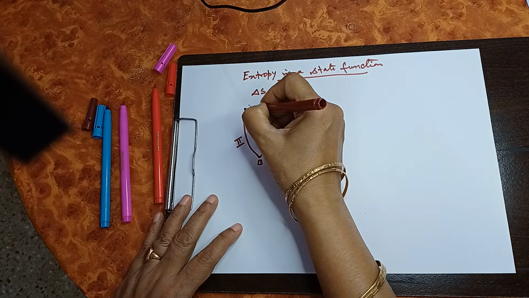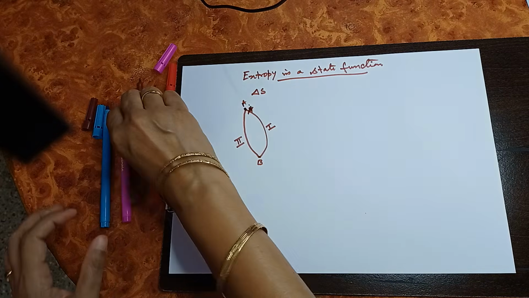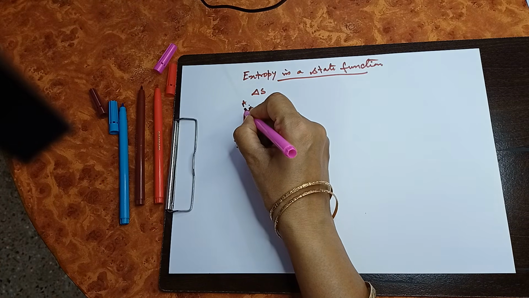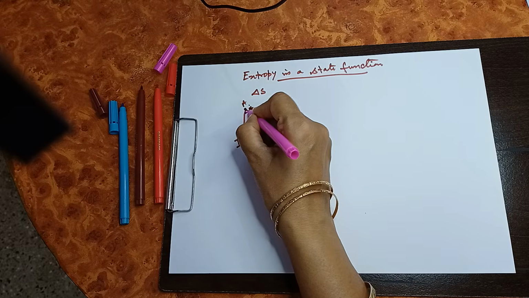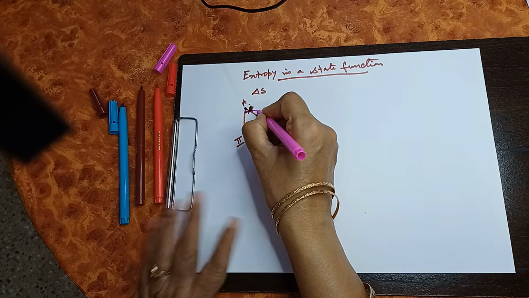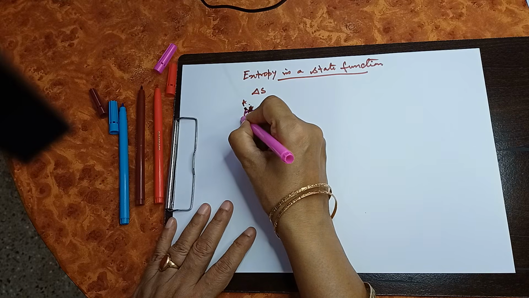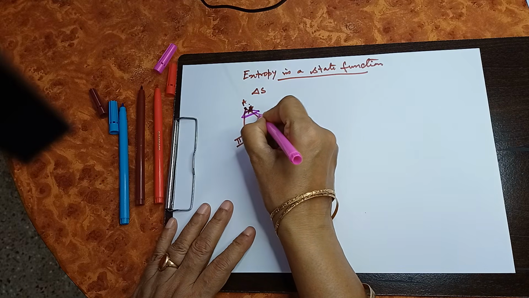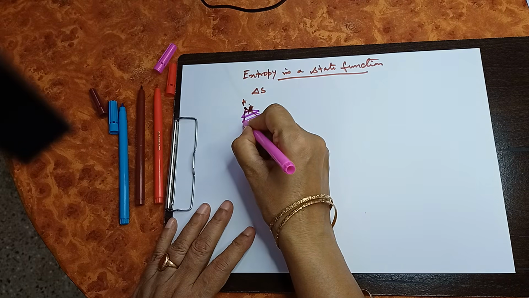How? See, this is A. In the Carnot cycle, we have seen that the first step is expansion, then again expansion, then contraction, contraction. Again expansion, expansion, contraction, contraction.